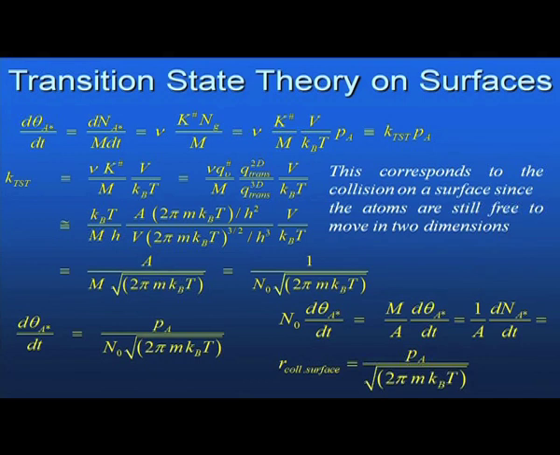So, this corresponds to the collision on a surface since the atoms are still free to move in 2 dimension. Okay. Because it is similar to what you get in other theories, that they are moving around on the surface, although the 3rd dimension is off, they are moving around. So, there is option for them to collide on the surface.